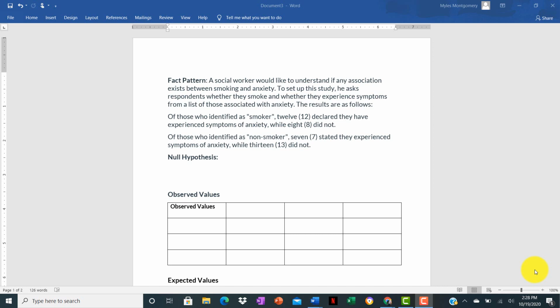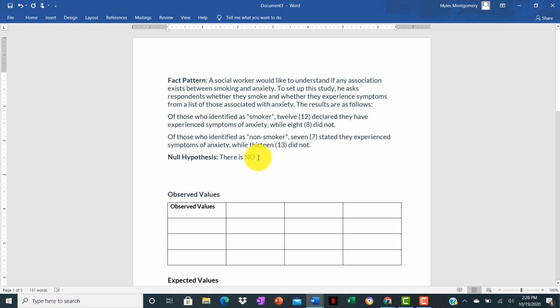The first step for a fact pattern after you read it is to come up with a formulation of the null hypothesis. As you recall, null meaning no, all of the null hypotheses are going to begin about the same. There is no, I'll even be emphatic about it, there is no, okay?